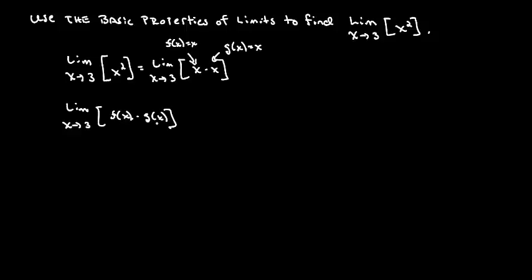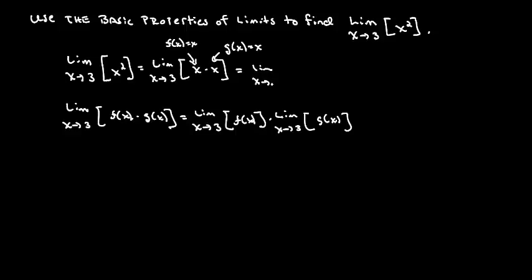And we know that the limit as x approaches 3 of f of x times g of x, given that these two limits exist, which they do if these are the two functions, is equal to the limit as x approaches 3 of f of x times the limit as x approaches 3 of g of x. So this is clearly the limit as x approaches 3 of x times the limit as x approaches 3 of x.